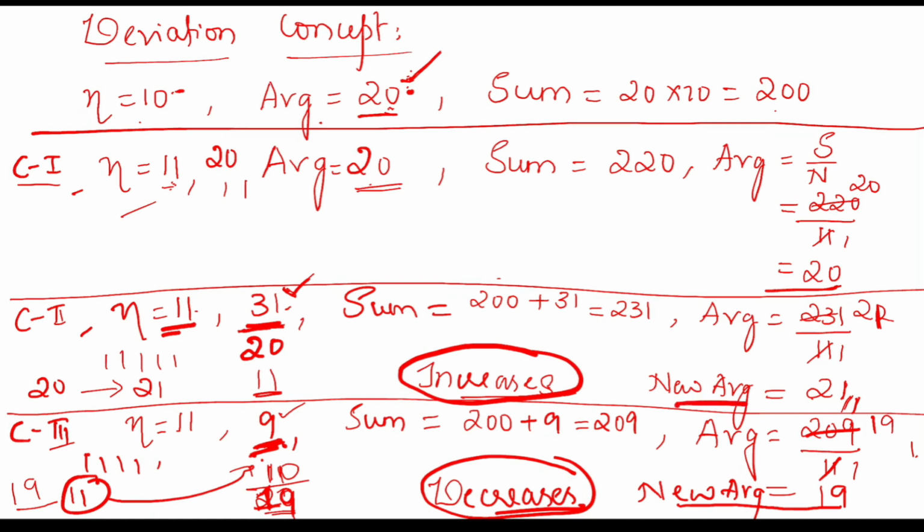But if the new person has anything less than the old average, then the new average always decreases. This is a very important concept, and we use it in solving all the problems. So please understand this concept very well. Assuming that you all have understood the concept, let us begin with the first problem.